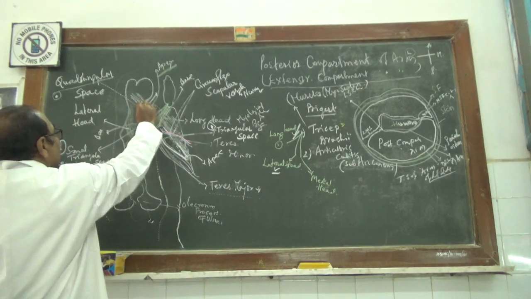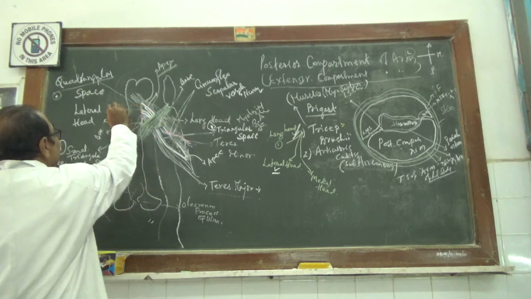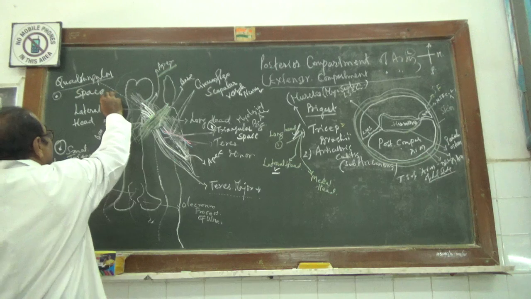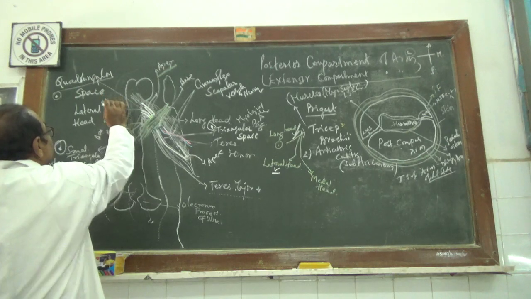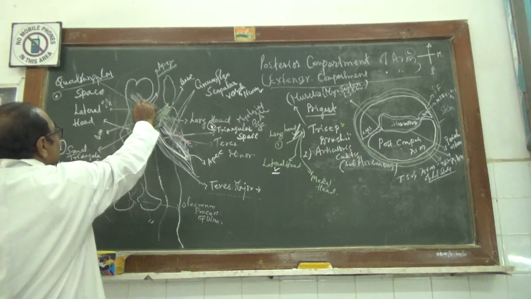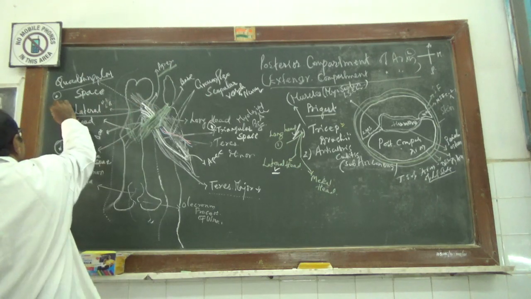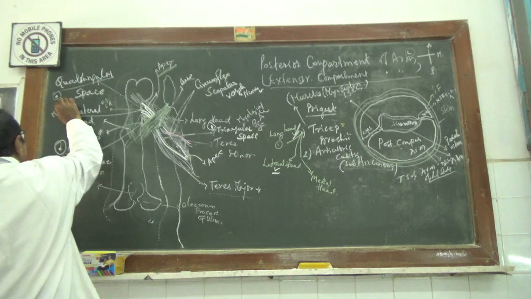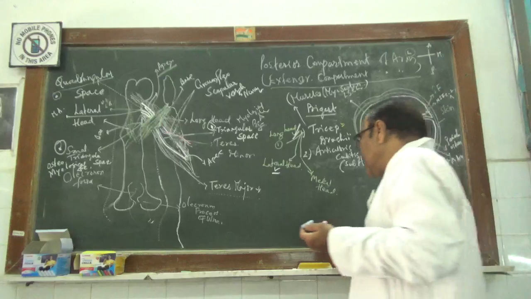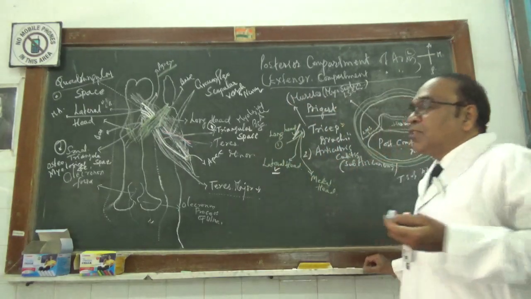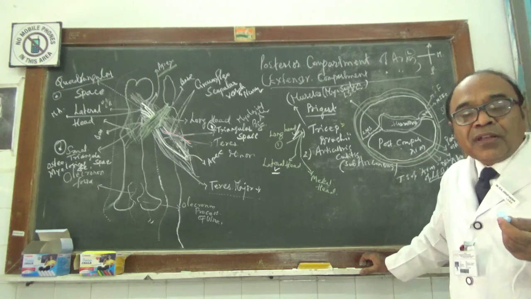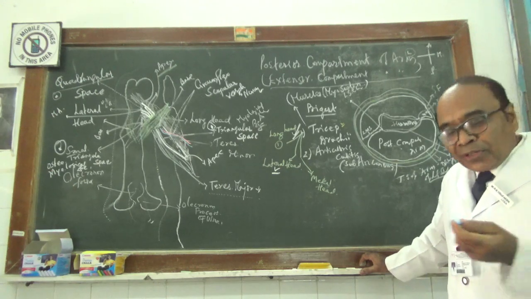The upper lateral border is formed by the medial aspect of the upper end of the humerus. Now, this quadrangular space allows some structures to pass through.